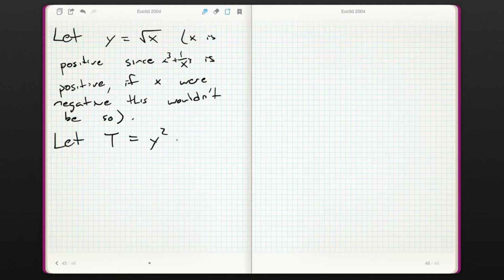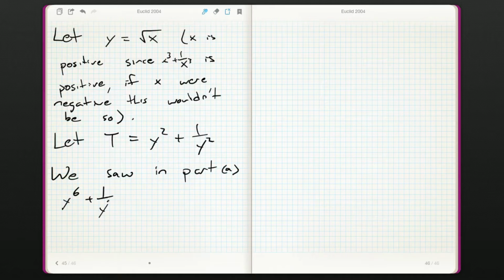Let t be y cubed plus 1 over y cubed. We saw in part A that y to the 6th plus 1 over y to the 6th is t cubed minus 3t.